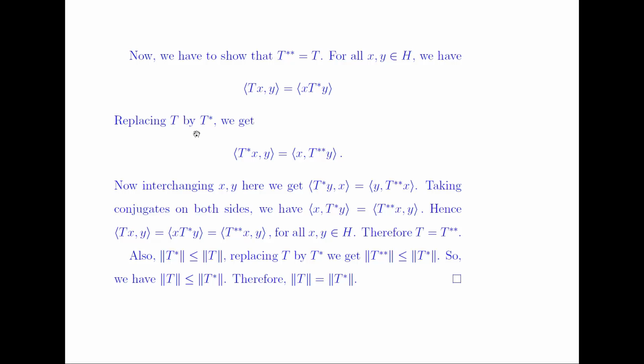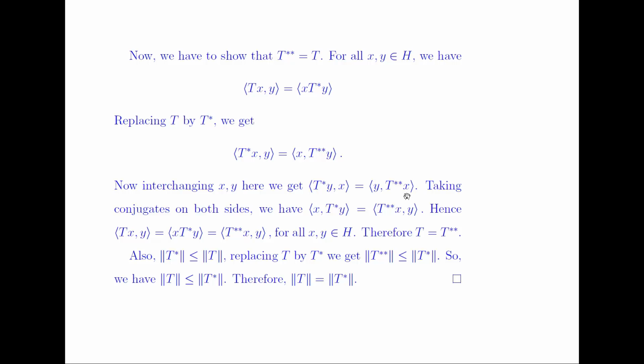So replacing T by T star, we get the inner product of T star x comma y is equal to the inner product of x comma T star star y. Now interchanging the roles of x and y, we get the inner product of T star y comma x is equal to the inner product of y comma T star star x.